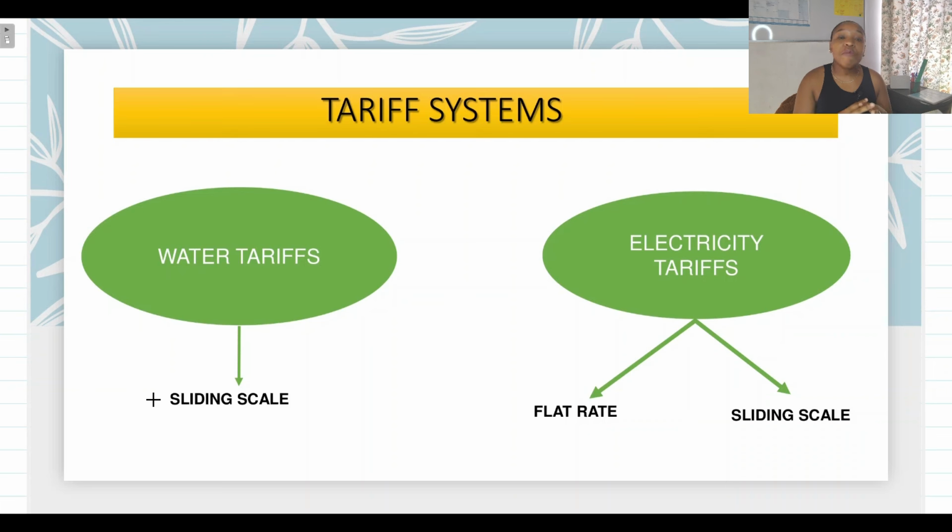So the whole point of the sliding scale method is to discourage consumers from using a lot of electricity. But let's just quickly do a recap of what the flat rate method is.